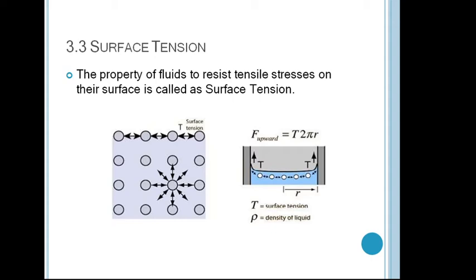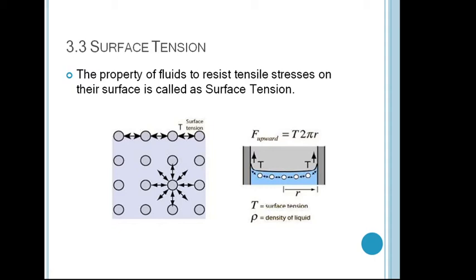Please see here, this top layer is in contact with the air. As it is in contact with the air, it will experience a downward unbalanced surface tensile force. Whereas if you consider this fluid element, it is completely inside the fluid, not in contact with the air, correct?